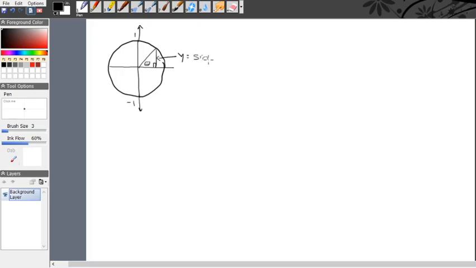Sine of theta tells me the height of this triangle. So when I graph this, what I notice is that I have a maximum of 1. I got a minimum of -1.